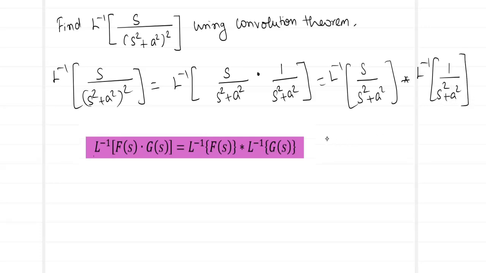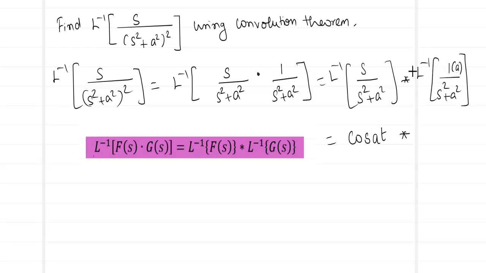Now we know the Laplace inverse for the given quantities. This has s in the numerator, so the function has to be cos. You have a as the constant, so this gives me cos at. Convolution. How about the second quantity? Here you have a constant in the numerator and a square as the constant in the denominator. Hence, to apply the formula, what you require is a in the numerator.